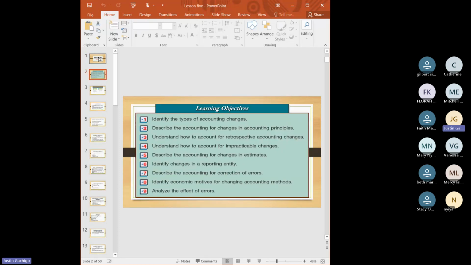So the expected outcome after this session will be: one, you need to be able to identify the types of accounting changes.